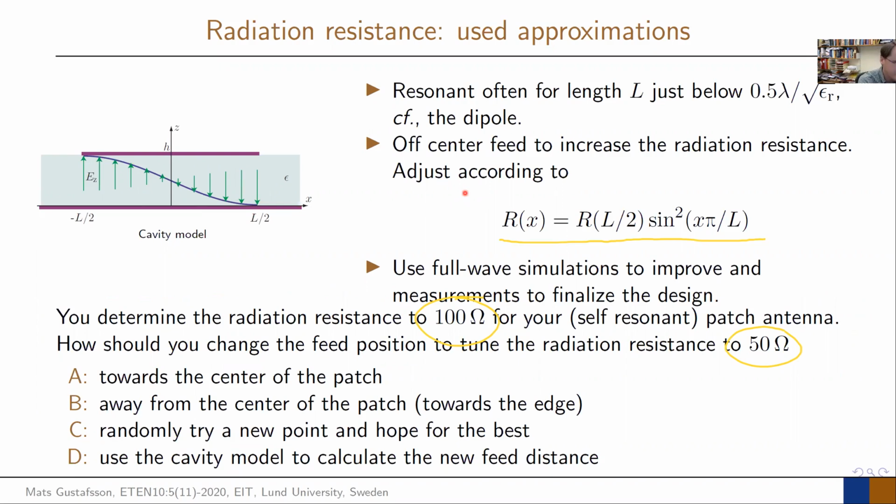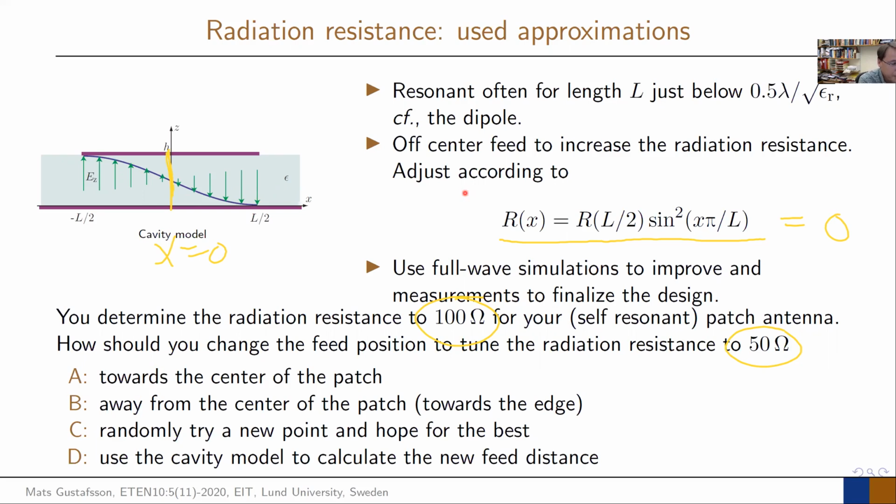The radiation resistance, if you put it in the center, so I put it here, that means x equal to 0. What is then this equal to? That's equal to 0. So it's really low in the center. There is nothing there, because the voltage is 0 at the center in this model, which means the radiation resistance is 0 for this case.